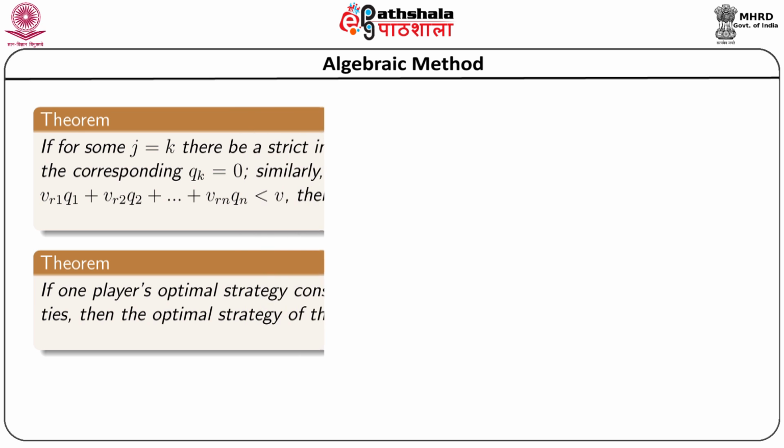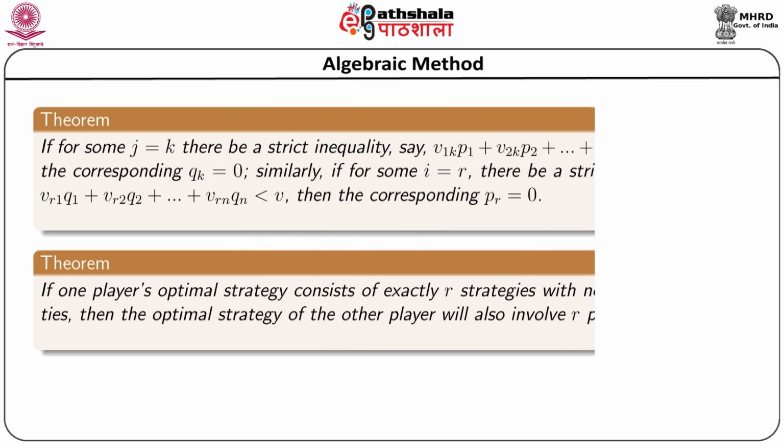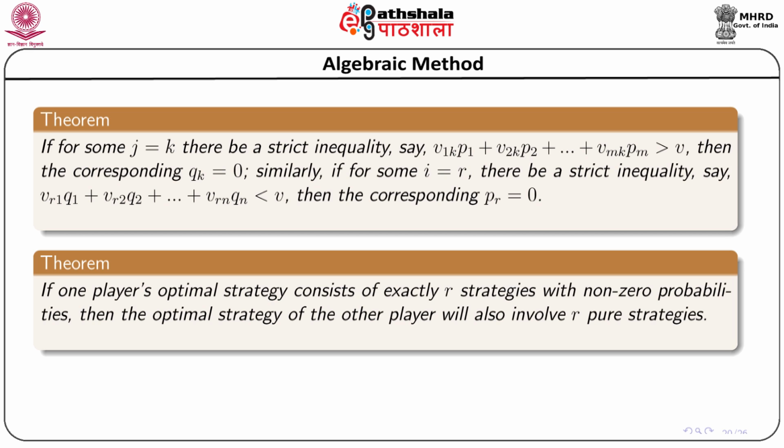Here we state two theorems which are direct implications of the duality theory and which will make the computation easier. If for some j equal to k there is a strict inequality, say V1k P1 plus V2k P2 plus dot dot dot Vmk Pm is greater than V, then the corresponding value of Qk should be equal to 0.